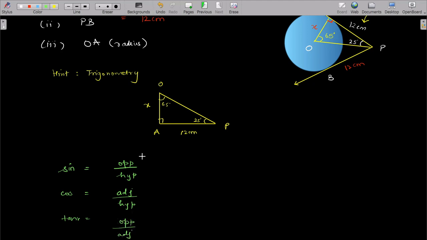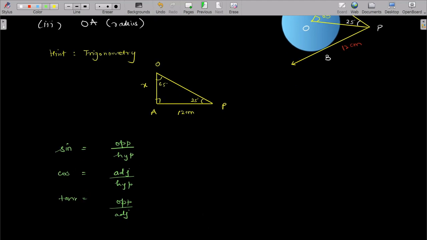So there is a mnemonic to remember these ratios: SOHCAHTOA. Have you heard of this? Yes. So sine is equal to opposite over hypotenuse. Cosine is equal to adjacent over hypotenuse, and TOA, tangent, is equal to opposite over adjacent.